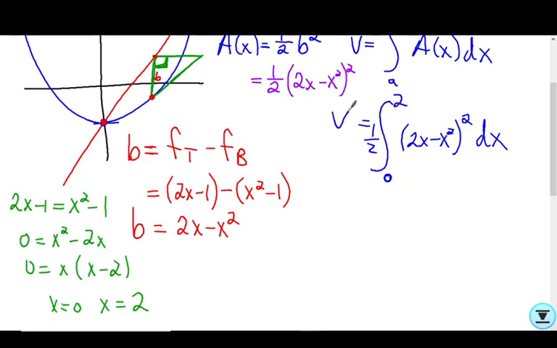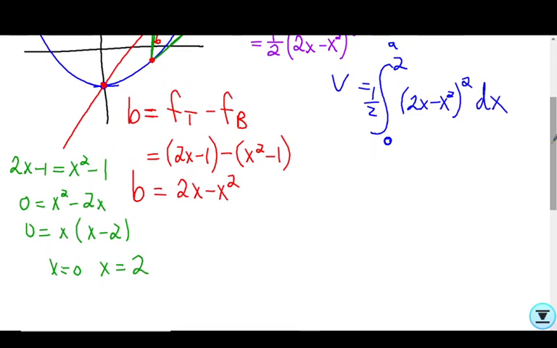Now that we have my volume equation set up, we're just dealing with another definite integral. The first thing I notice is I've got a function inside of a function, so I either have to do u substitution or I take the time and FOIL this out. It would be much easier to FOIL this out.